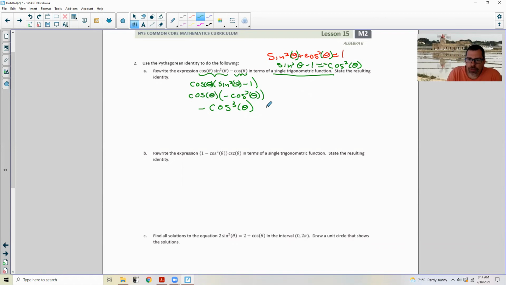And that would be for all real numbers theta. Let me just write that. The upside down A means for all real numbers, theta.